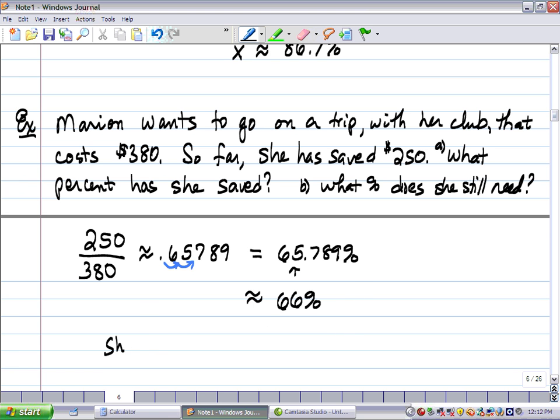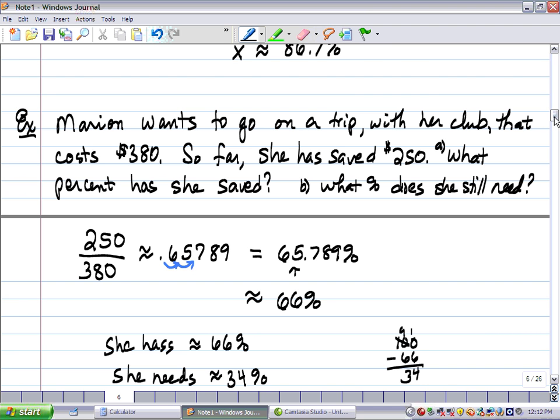So she has approximately 66%. She needs, well, what's 100 minus 66? 100 is everything, so that would be the whole thing. So she needs approximately 34%.